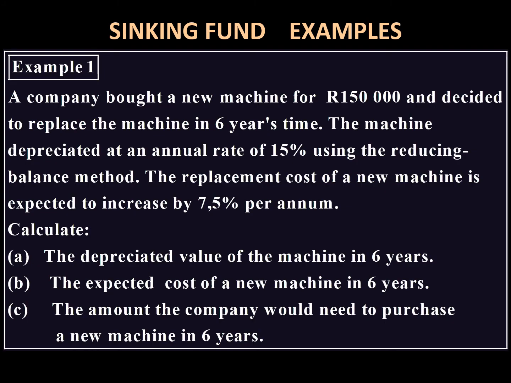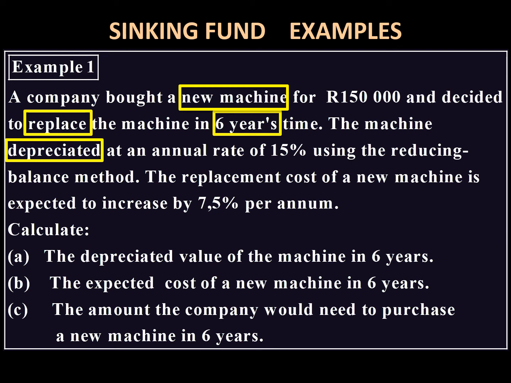Let's look at our first example on sinking funds. A company bought a new machine for 150,000, but decided to replace the machine in 6 years' time. The machine depreciates, and the replacement cost of a new machine will increase. So let's look at some values here.